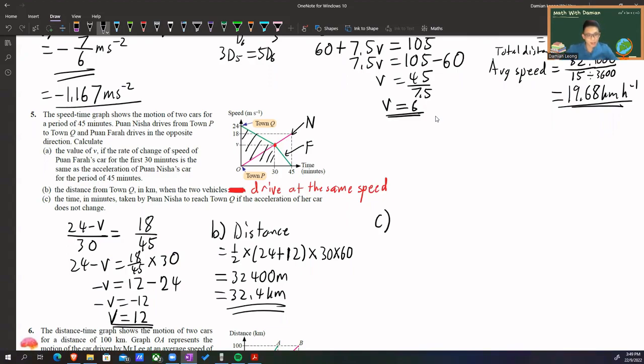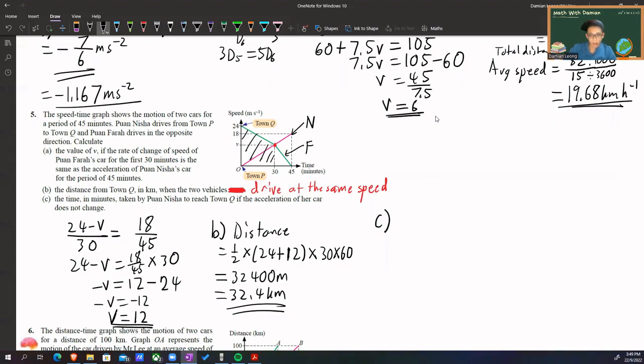And then part C, the time in minutes taken by Puan Nisha to reach town Q if the acceleration of her car does not change.